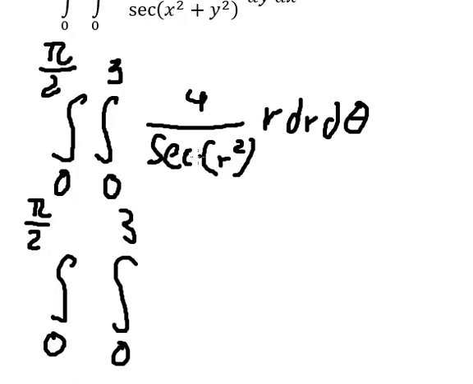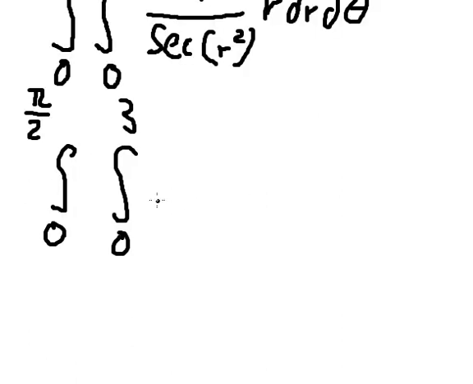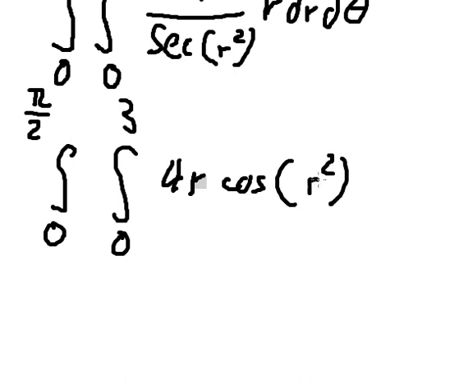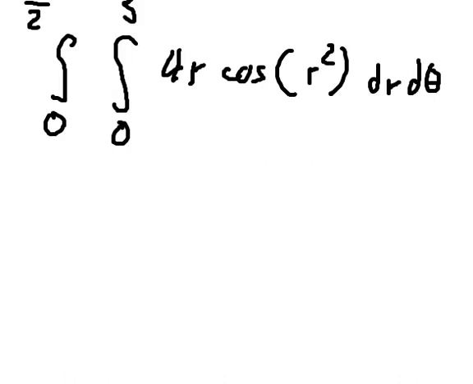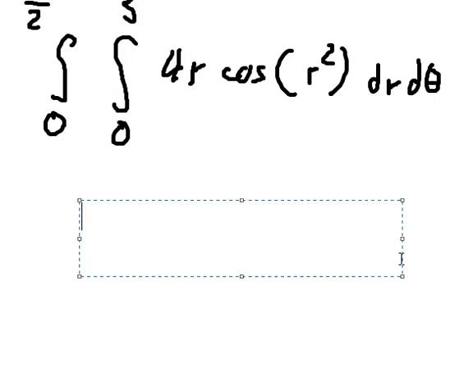So 1 over secant is cosine, and we can put 4r cosine r squared dr d theta. And now we can use integration by substitution.